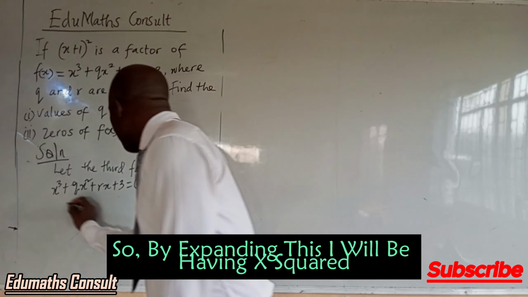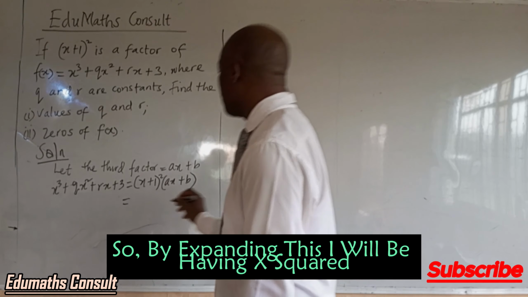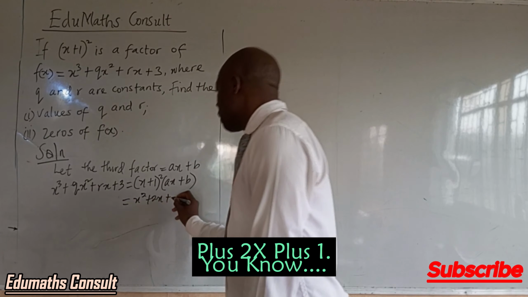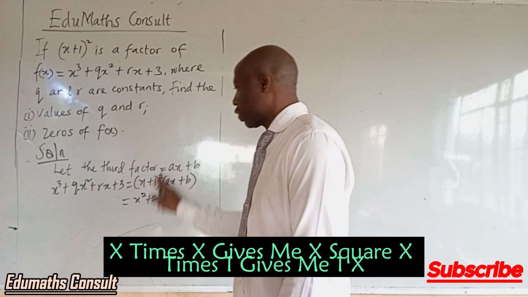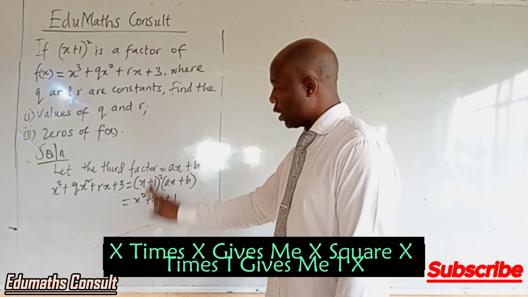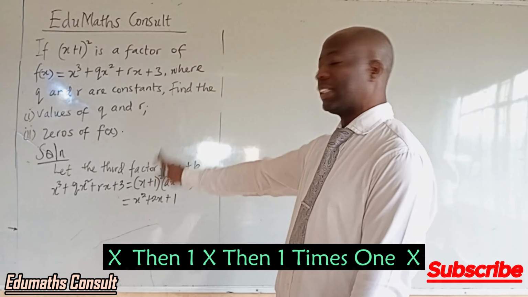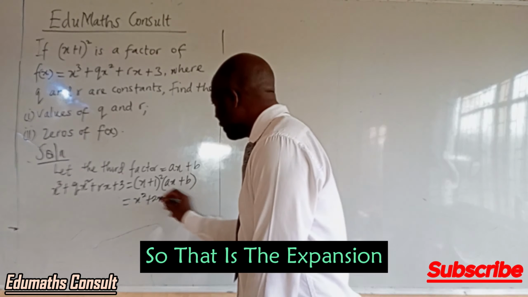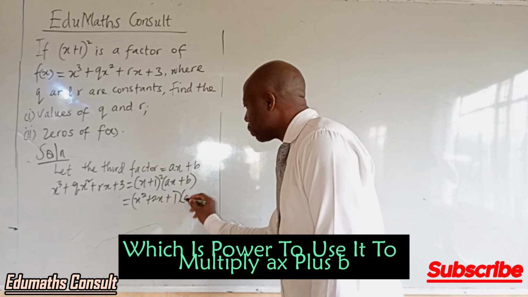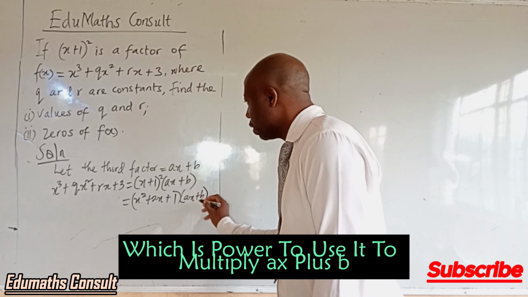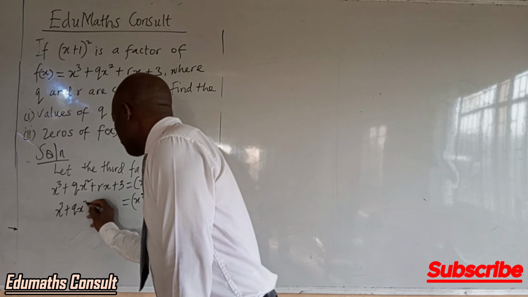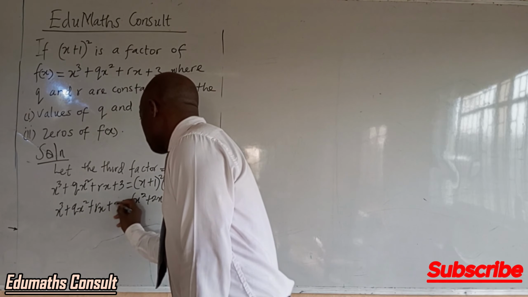By expanding (x + 1)², I will have x² + 2x + 1. x times x gives x², x times 1 gives 1x, then another 1x, then 1 times 1 gives 1. So that is the expansion of (x + 1)². Then you use it to multiply (ax + b).